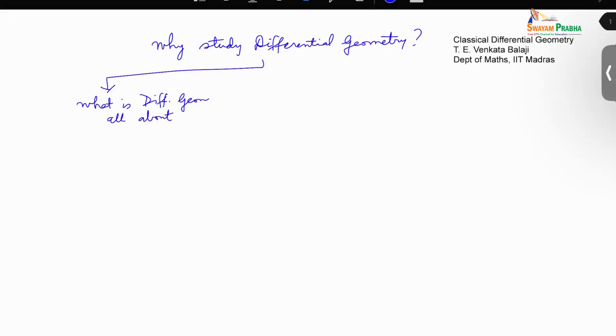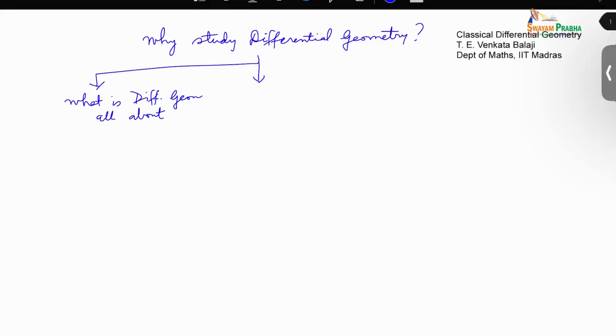So I will be using some abbreviations as I write, just to save time. Okay, so I've just written diff geom, which is supposed to mean differential geometry. Okay, then the other kind of question you can ask is, what kind of problems does differential geometry solve? What kind of problems it poses, and what kind of problems it solves?